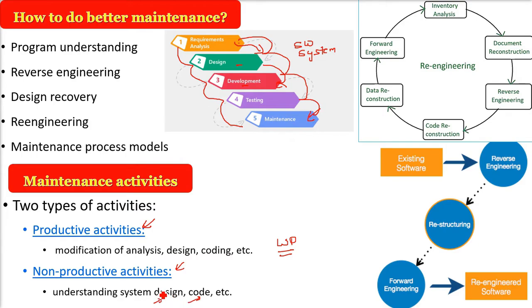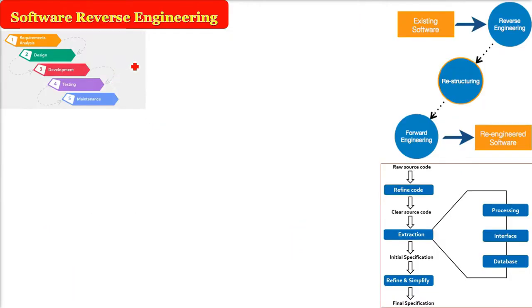This is the understanding part, so it will not produce any kind of result. But the productive activities in maintenance are analysis, design and coding modification. That is, you're actually trying to learn the code, trying to come up with the design and then the requirement specifications.